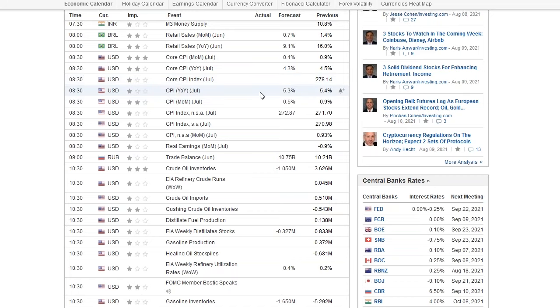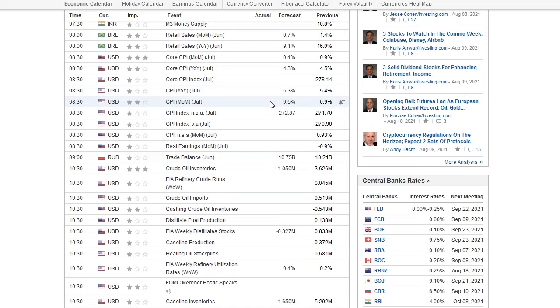So it'll be interesting to see how these numbers come in and what the reaction is in gold, the US dollar and other instruments such as the major indices.